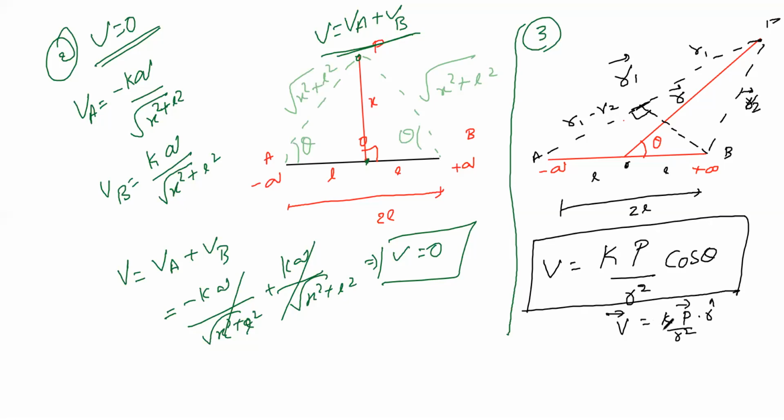Special cases on theta: if theta is equal to 0 degrees, that is your axial point, so B axial is equal to kp by r square. If theta is equal to 90 degrees, B is equal to 0. If theta is equal to 180 degrees, it will be negative, that is your minimum: B minimum is equal to minus kp by r square. So these are your relations.